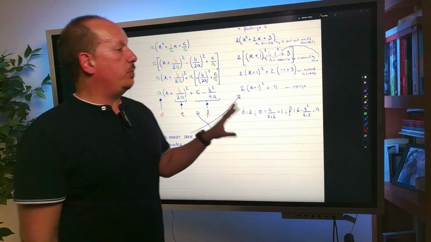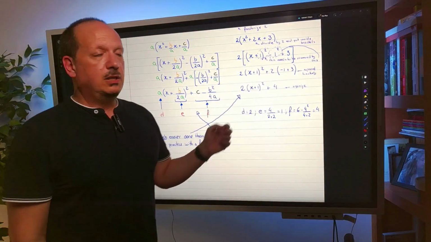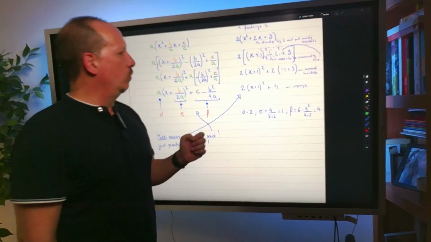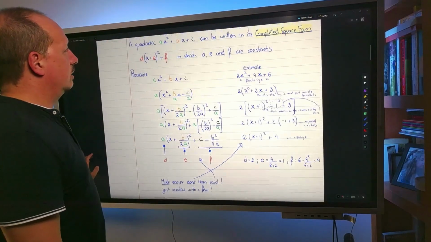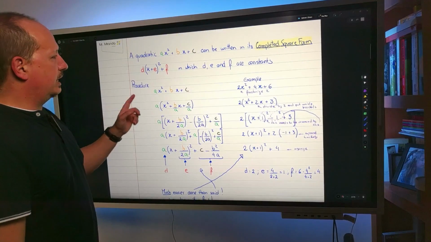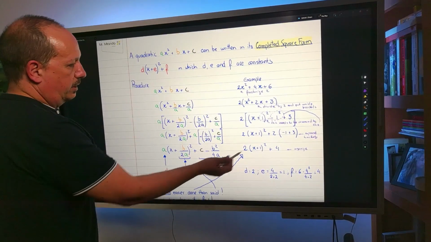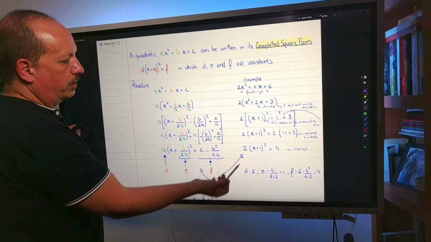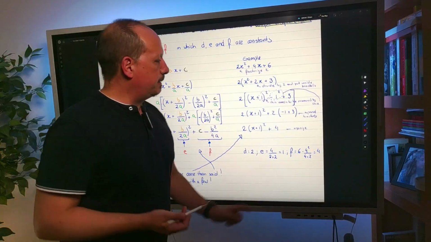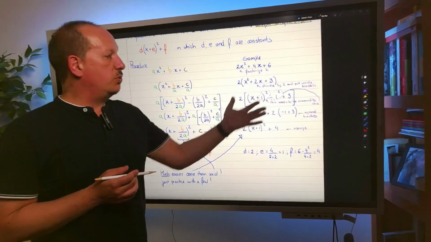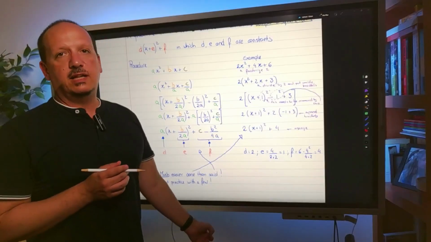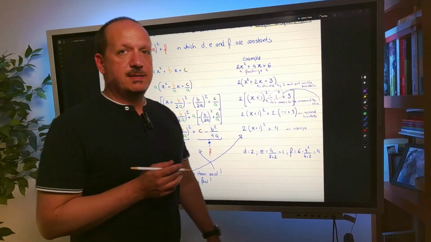And this is going to be used throughout the rest of the chapter because this is a very important tool to get one thing called the vertex of the parabola. You can get it straight away from the completed square form, okay, from here. And you are going to see me doing this in less than 5 seconds in these exercises.